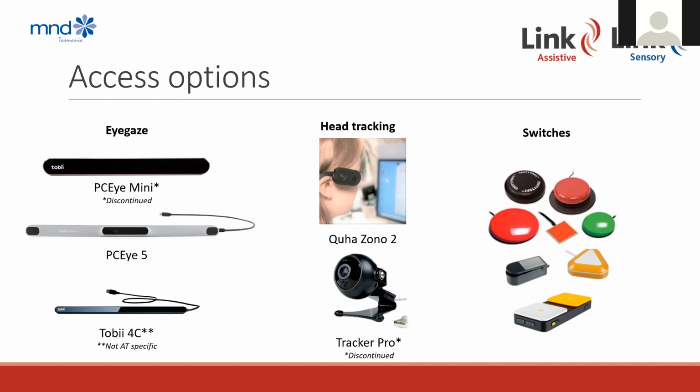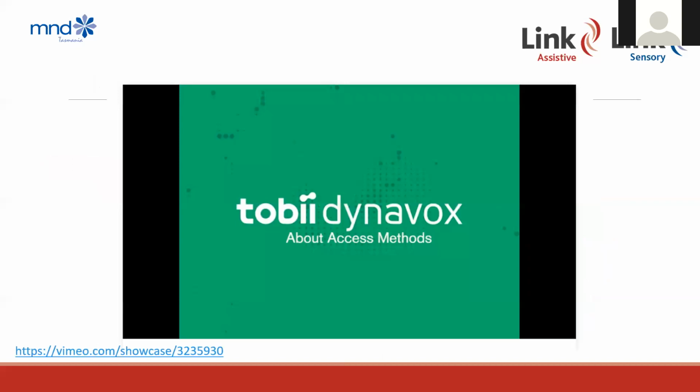I'm going to go into detail about each of the different access options in the next few slides, so I might just jump to showing a little video. I think access is easiest to understand when you can see an example.